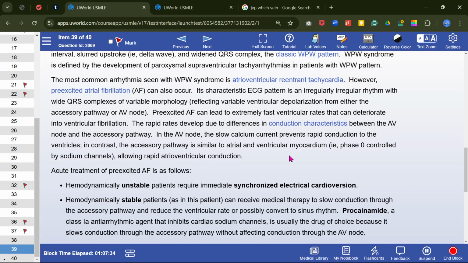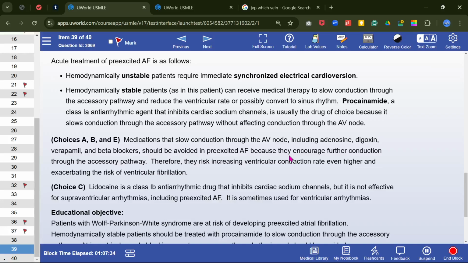Procainamide is a class 1 antiarrhythmic agent that inhibits cardiac sodium channels and is usually the drug of choice because it slows conduction through the accessory pathway without affecting conduction through the AV node. Got it?